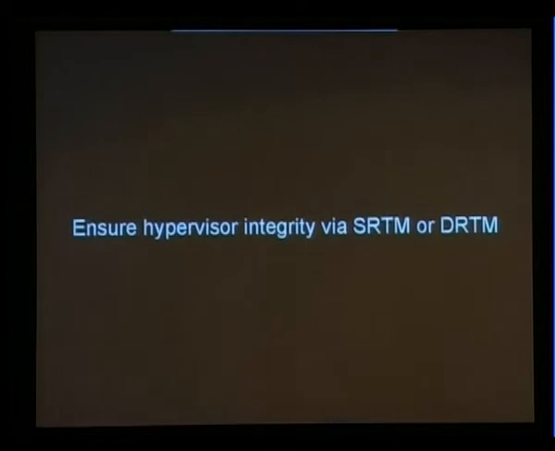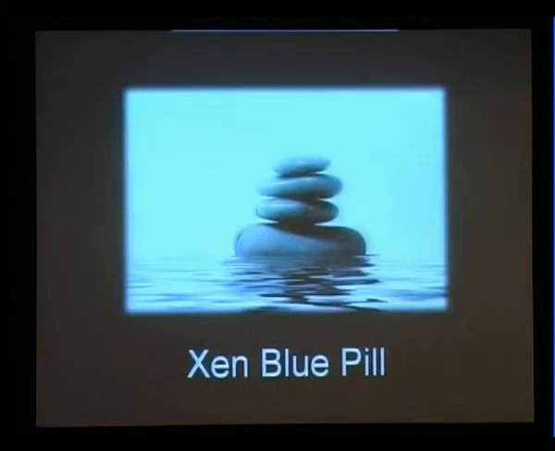So one might think, how can the static root of trust measurement or the dynamic root of trust measurement be used against this type of attacks? And this is why we use Xen Bluepill, because it's a good demonstration that static root of trust and dynamic root of trust do not really help in the scenario when we attack the hypervisor, the already running hypervisor.